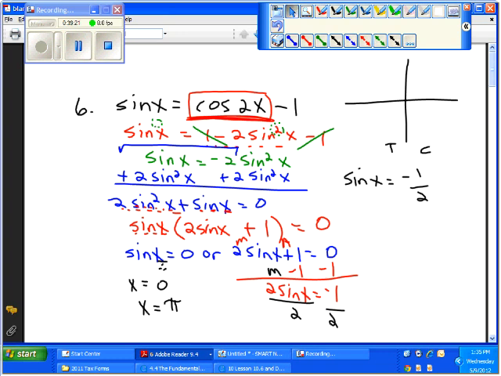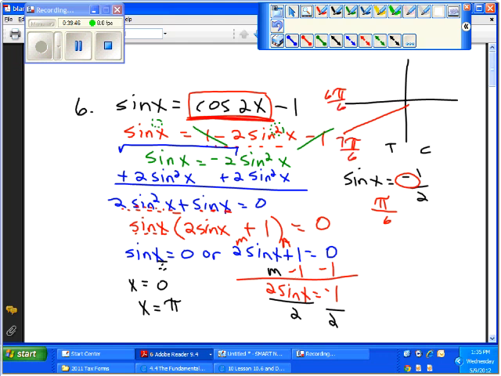Sine is negative in quadrants 3 and 4. We're going to say the sine of what is 1/2? Pi over 6, 30, which is pi over 6. But it's negative in quadrants 3 and 4, excuse me. So we need to be 1/6 past 6 pi over 6, correct?